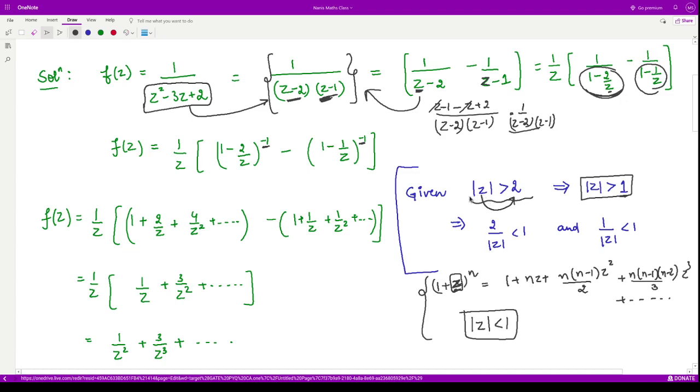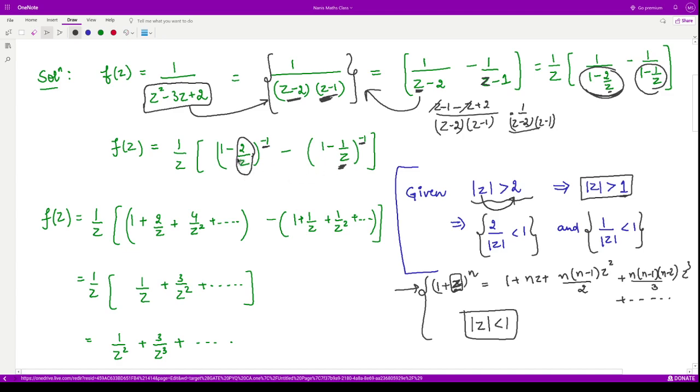Similarly we have done this for the other term. So we can apply this relation onto this term, and similarly for the other term.